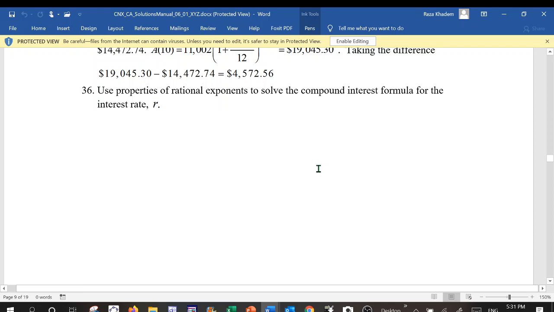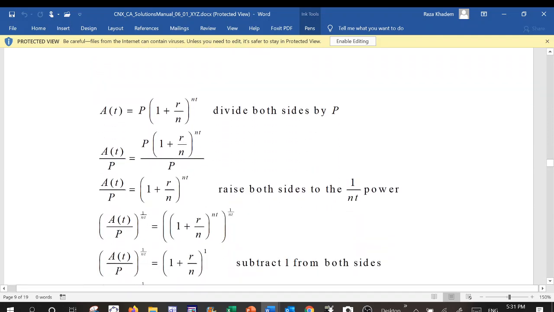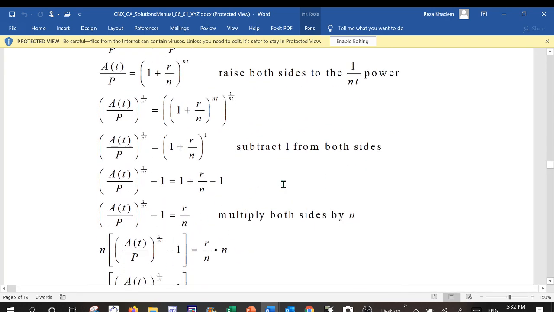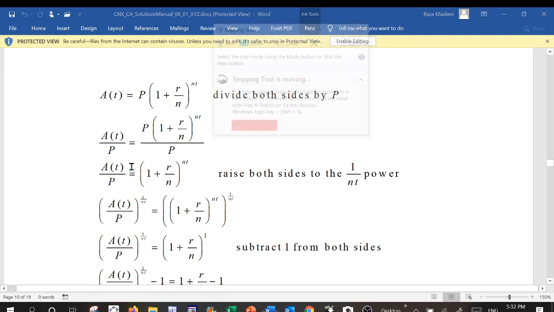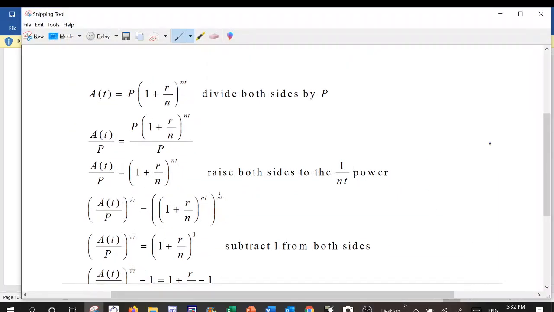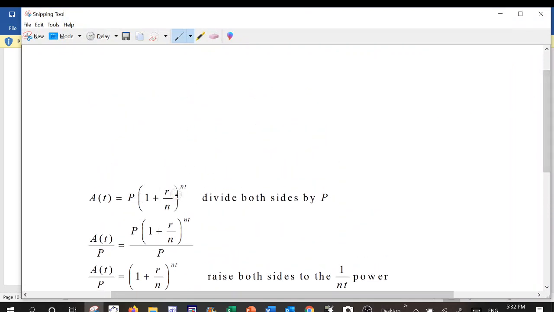36. It says use properties of rational exponents to solve the compound interest formula for r. So what we want to do is solve this for r, right?